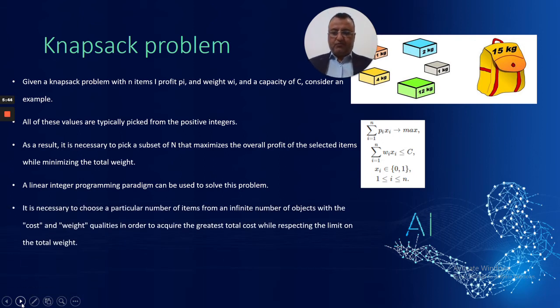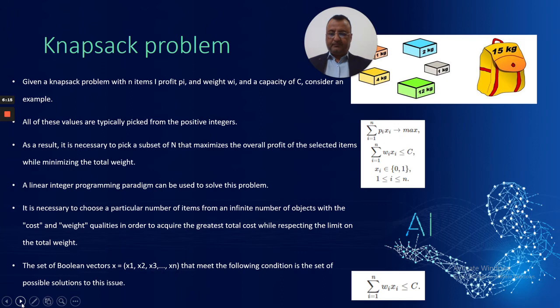It is necessary to choose a particular number of items from an infinite number of objects with cost and weight qualities, in order to acquire the greatest total cost while respecting the limit on the total weight.